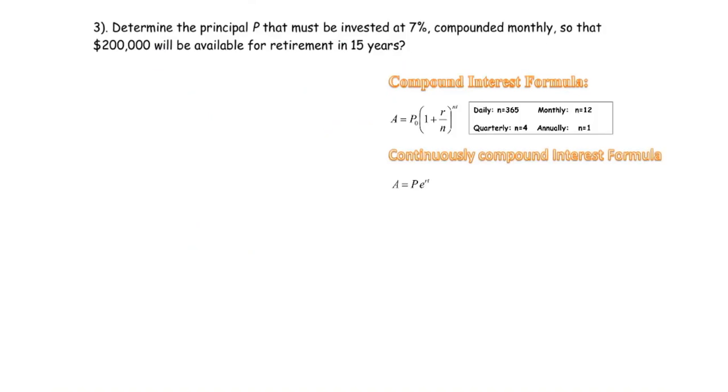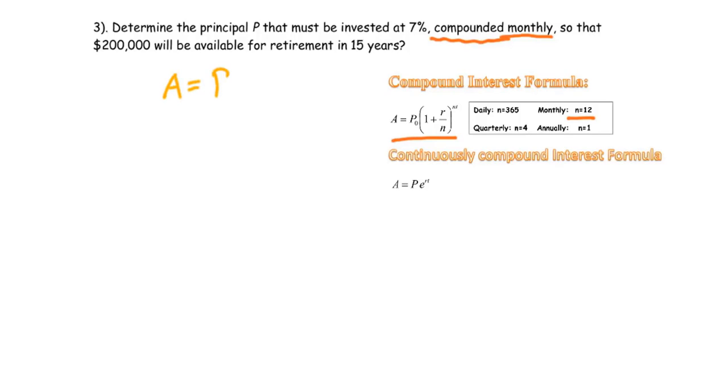For number 3, determine the principal P that must be invested at 7%, compounded monthly, so that $200,000 will be available for retirement in 15 years. This is compounded monthly, that means N equals 12 for this formula. So we write down the formula first.